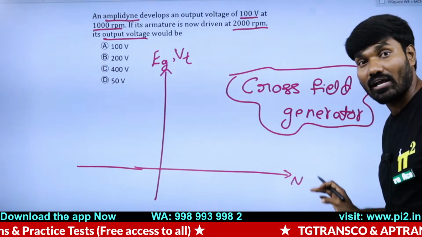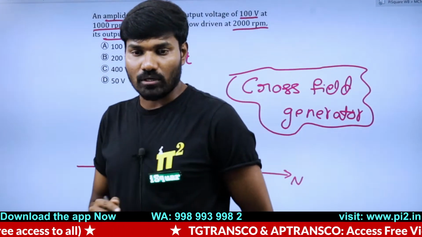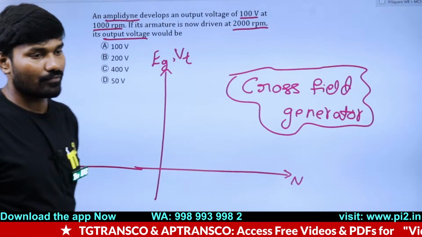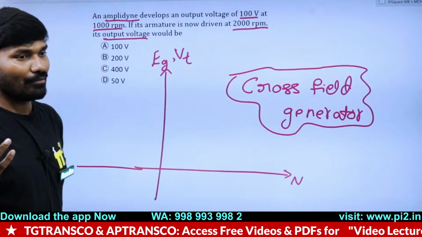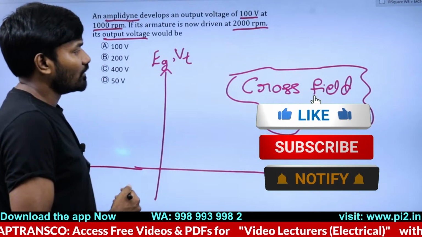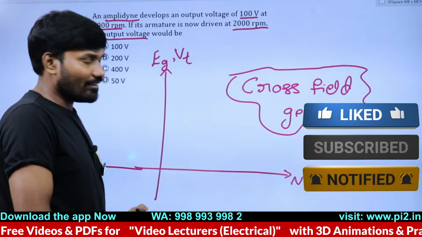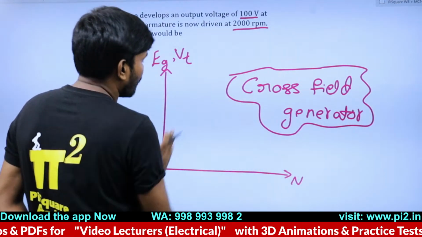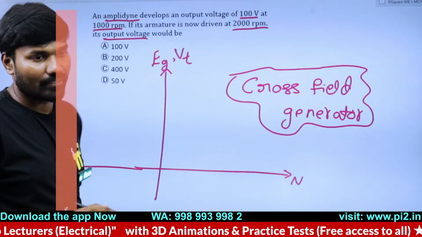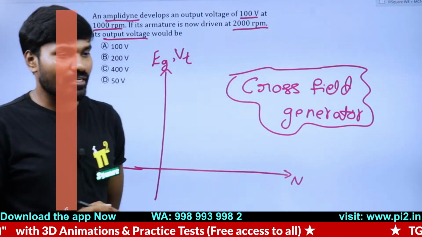Remember, I'm not talking about IF, I'm talking about speed. Is it linearly increasing, or linearly increasing with saturation, or without saturation? We got only one answer, which is B.